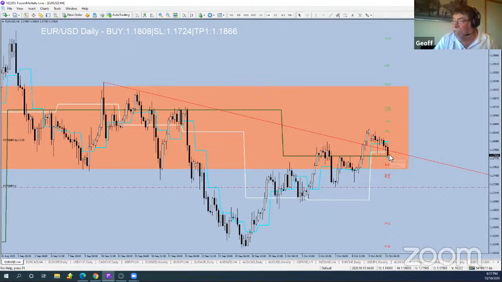I would wait for the next candle. If it closes here, I'd wait for the next candle, which is likely to be a buying bar, in my humble opinion. And then what I would do is put a sell order below that bar. And in that way, you're covering your longs, basically. Okay.